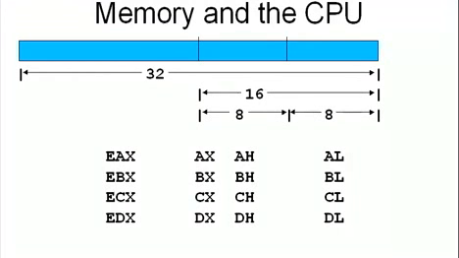You should be aware that using the names to address only part of a register will in no way affect the other parts of the register, so you can use these addressing schemes to put numbers together or to pull them apart. But wait, there's more. There is the instruction pointer. The IP register is a 32-bit register that always holds the address of the next instruction to be executed.